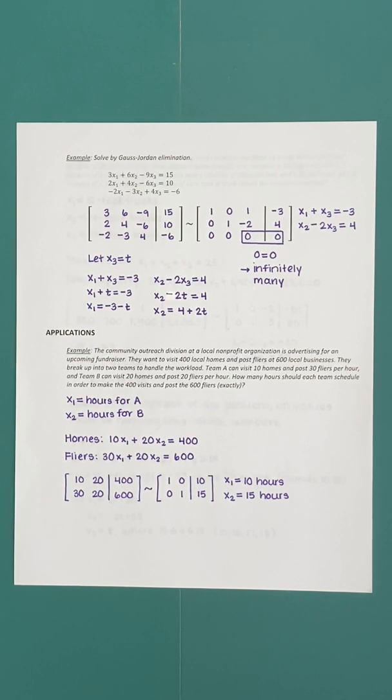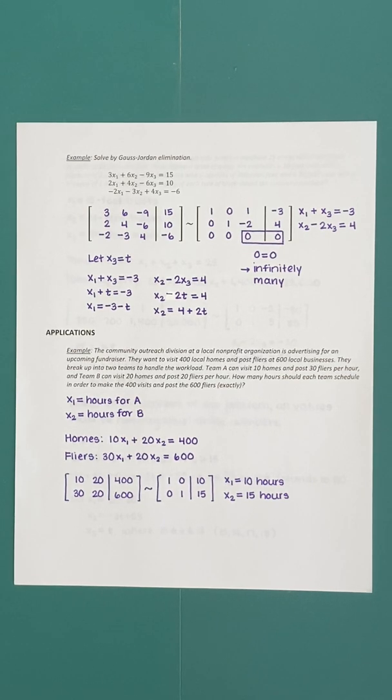Well, we talked a little bit last video about what infinitely many looks like. Remember, we introduced this external variable, this parameter that we have control over. x1, x2, x3, those are the actual variables that are a part of the problem. T, our parameter, is a variable that we can control.